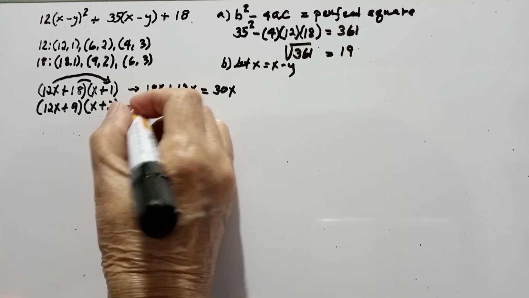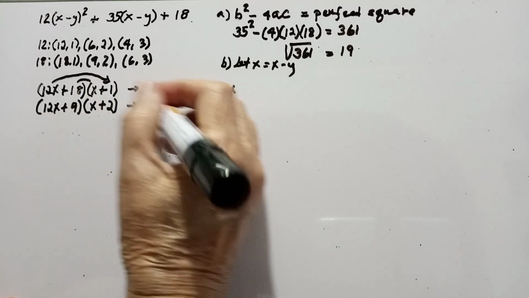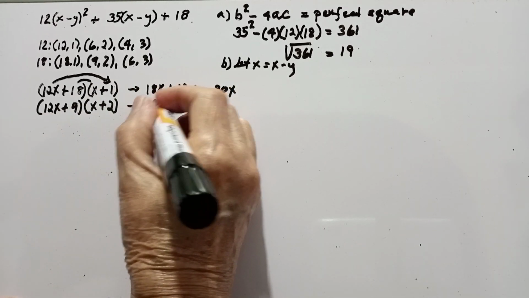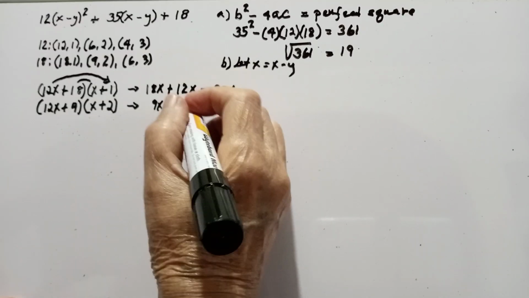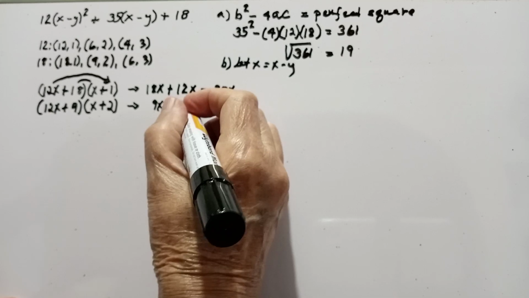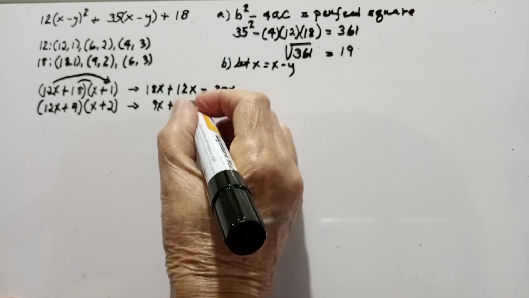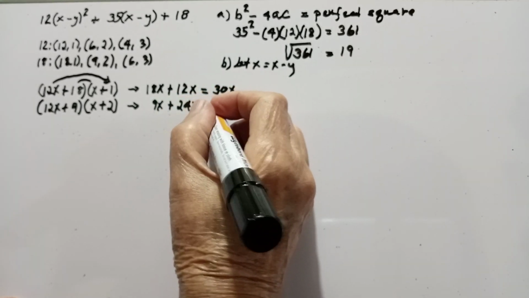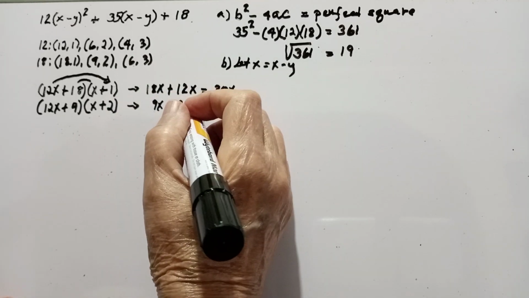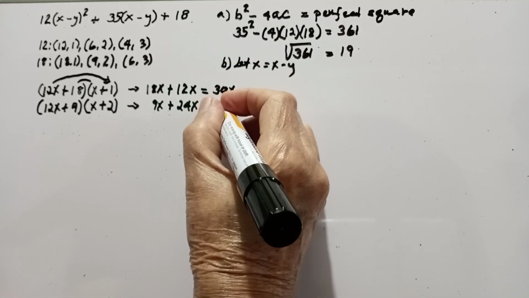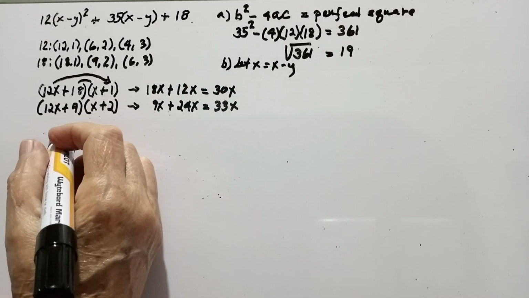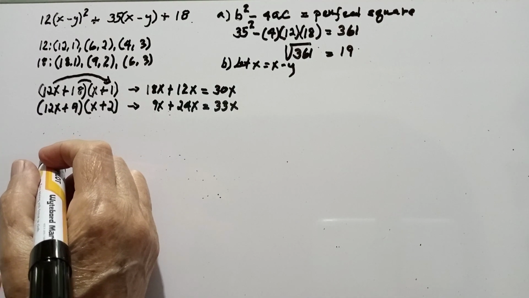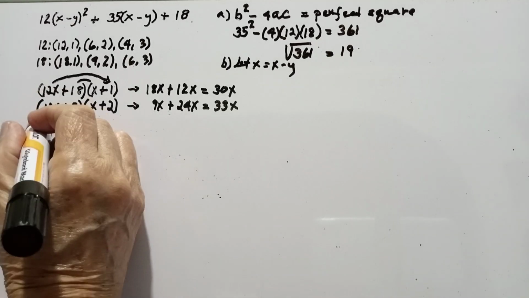Then that would be 9 times x is 9x plus 12x times 2 is 24x, and adding the products we get 9 and 24, that would be 33x. Still, they are not the factors. So let's go to the next one.